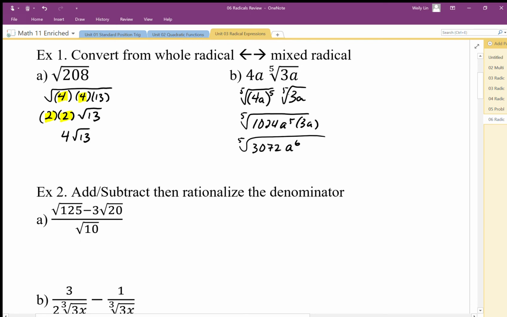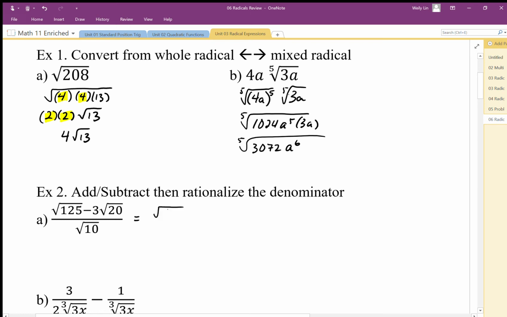Here, when we add and subtract this, we can reduce these to lowest terms first if we like. One thing that I would always suggest is if you see a common factor that you can simplify, I would maybe simplify that first and then do the other parts. So here there's a common factor of root 5, root 5, root 5. So I'm going to divide out that root 5.